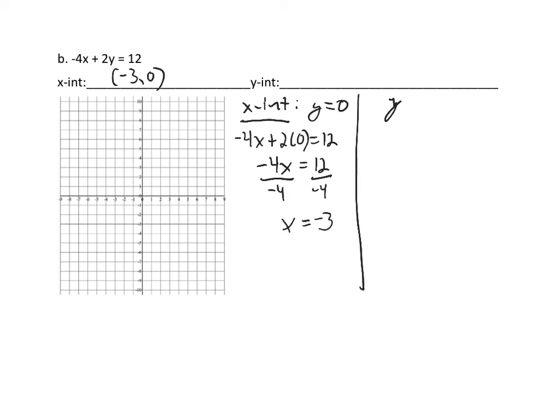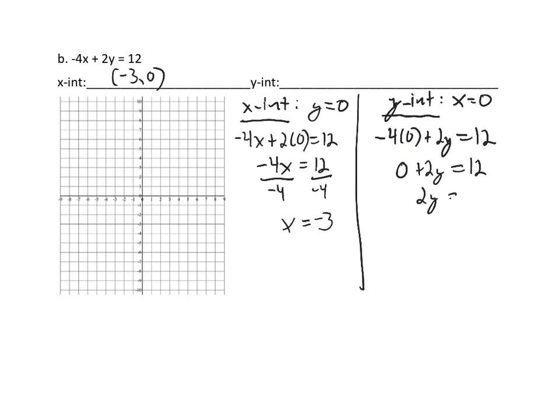Let's find the y-intercept. This is going to occur when x equals 0. So negative 4 times 0 plus 2 times y equals 12. 0 plus 2y equals 12.